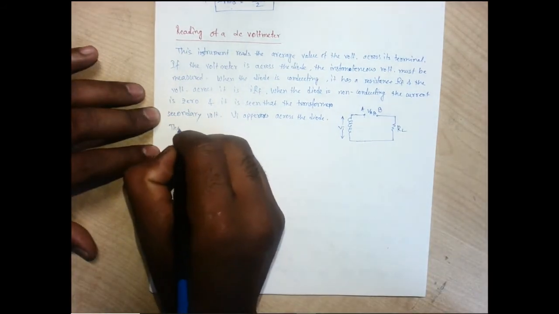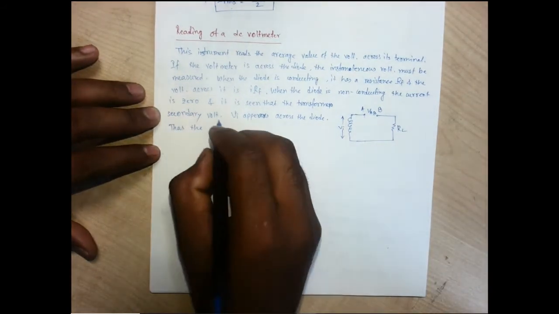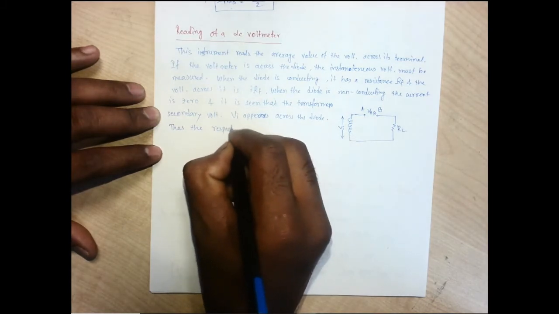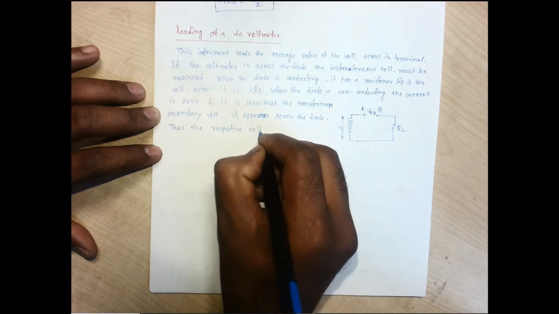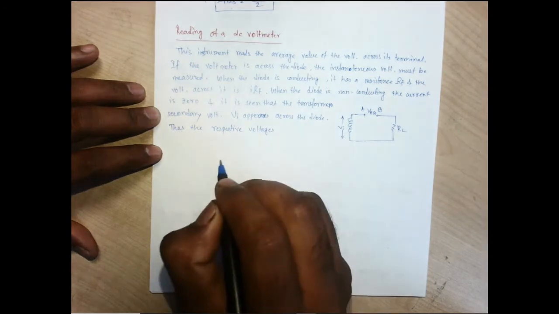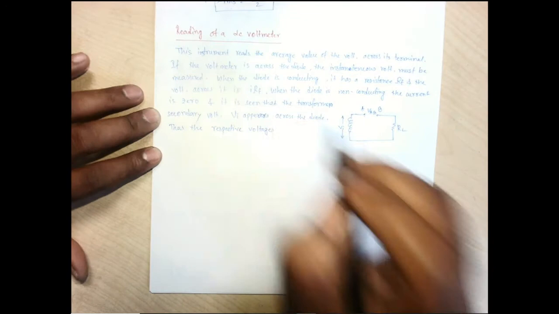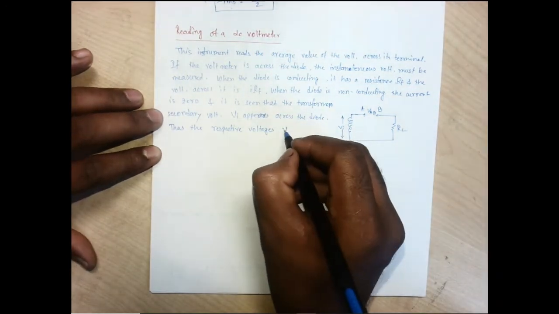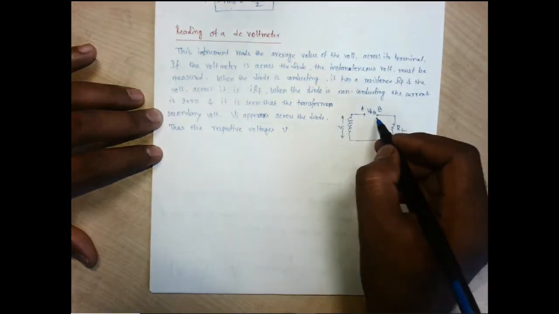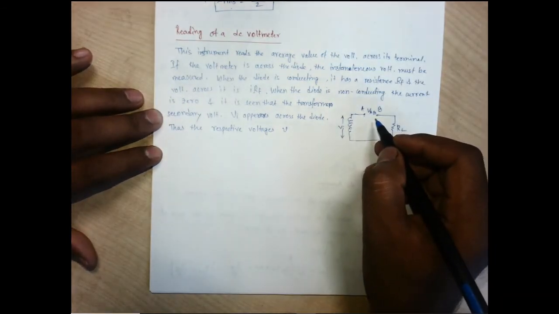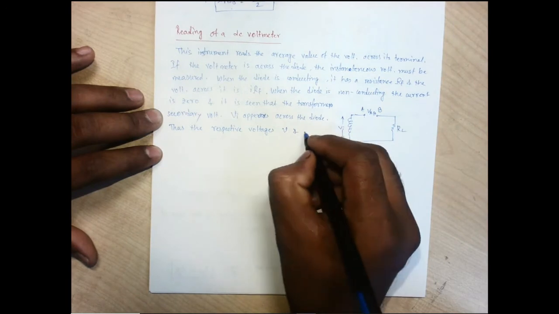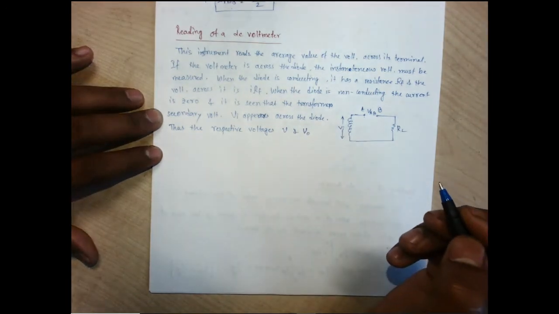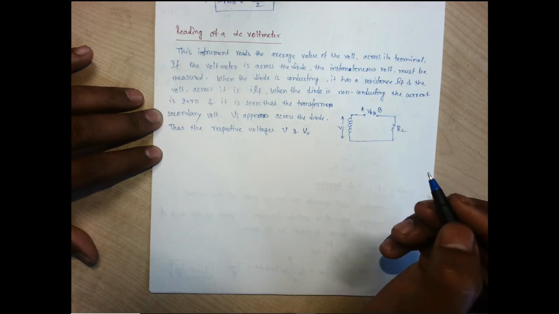Thus, the respective voltages, what are those voltages? This V, that is the voltage across this diode, and V0. What is that V0? V0 is the load voltage.